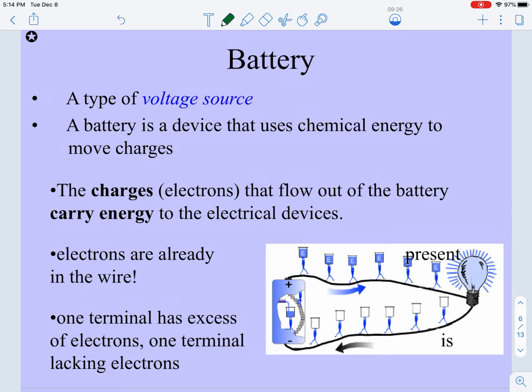So it says here the charges that flow out of the battery carry energy to the electric devices. So our charge, remember, these are referring to our electrons, and it's technically not one single electron. This is a bundle of electrons that we refer to collectively as a coulomb of charge, okay, a bundle of electrons.